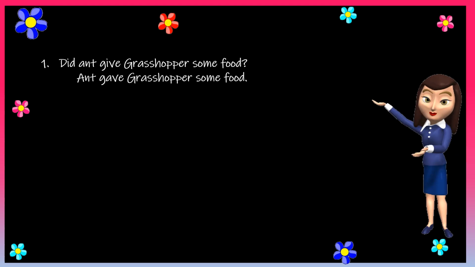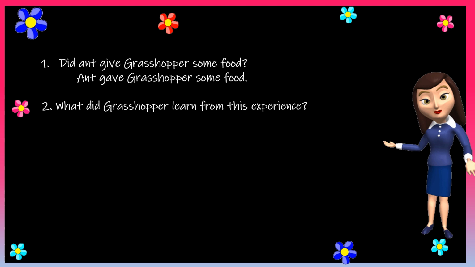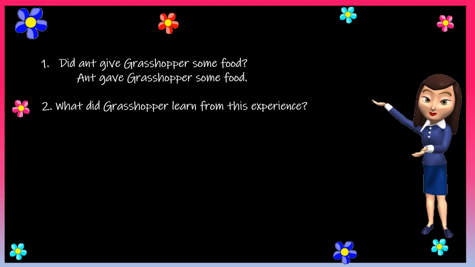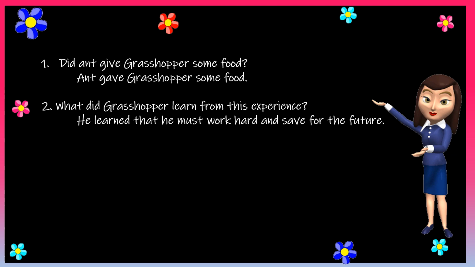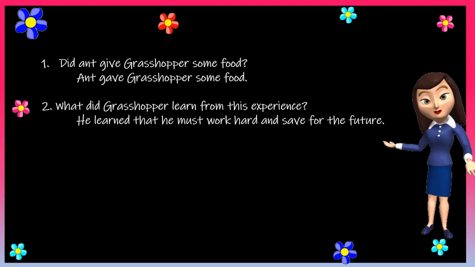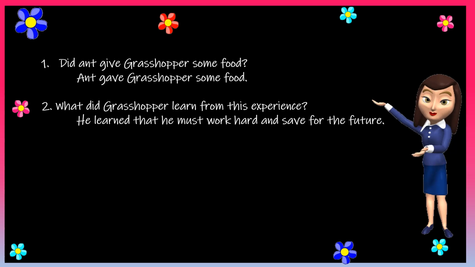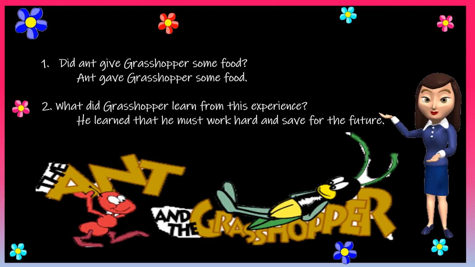Ant gave Grasshopper some food. And what did Grasshopper learn from this experience? Great! He learned that he must work hard and save for the future. Very good, kids!